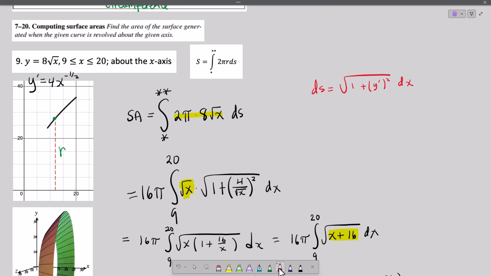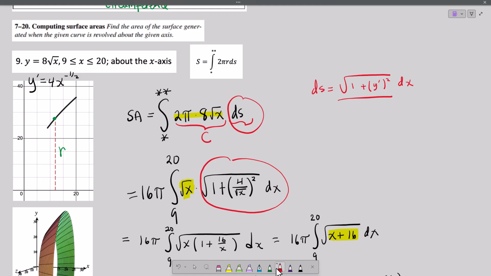So that's what this is right here. 2 pi r is the circumference, and then ds is this part right here. So ds is always 1 plus the derivative squared underneath a square root.